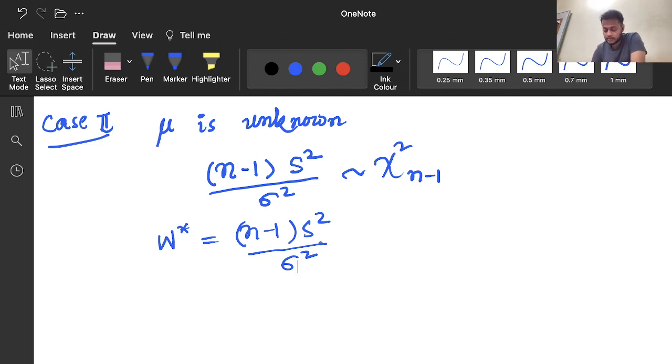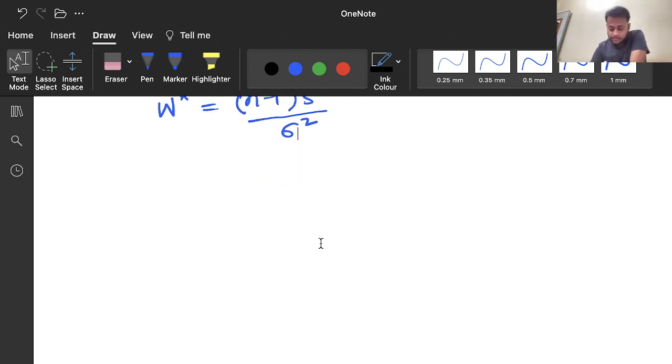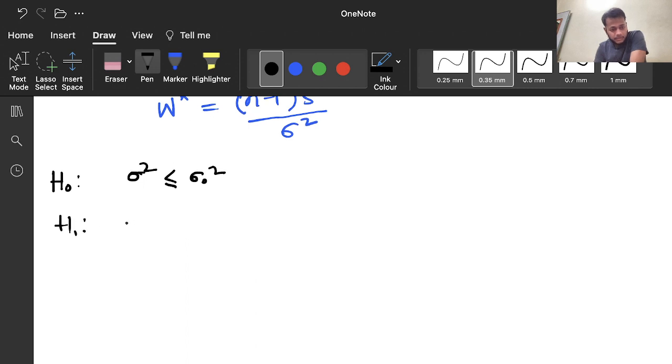Now let's check for the hypothesis. So your first hypothesis, write it. H0 is sigma square less than or equal to sigma naught square, alternative H1 is sigma square greater than sigma naught square.